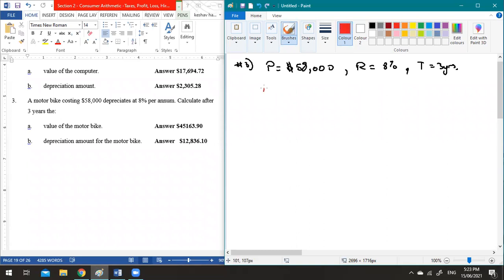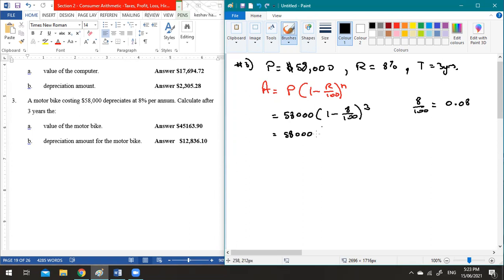So the amount that it is worth after 3 years will be the principal by 1 minus the rate over 100, to the power n, the number of years. So 58,000 by 1 minus 8% over 100 to the power 3, and again 8 over 100 is 0.08, and 1 minus 0.08 will be 0.92 to the power 3.